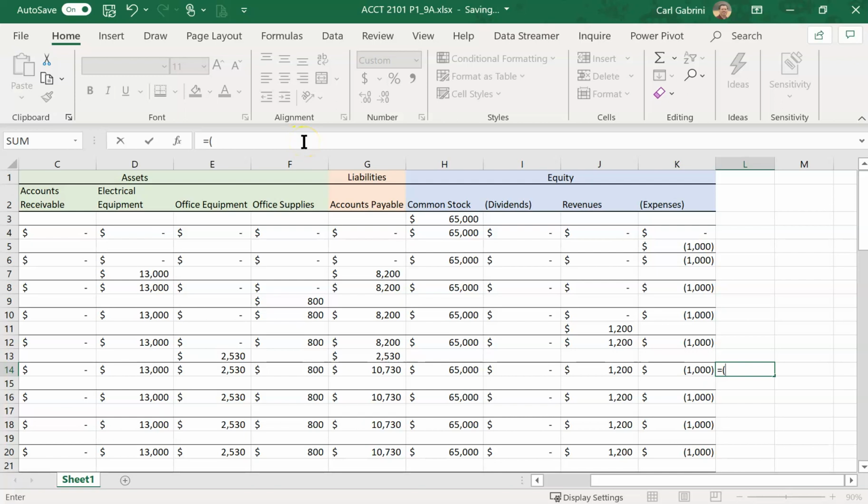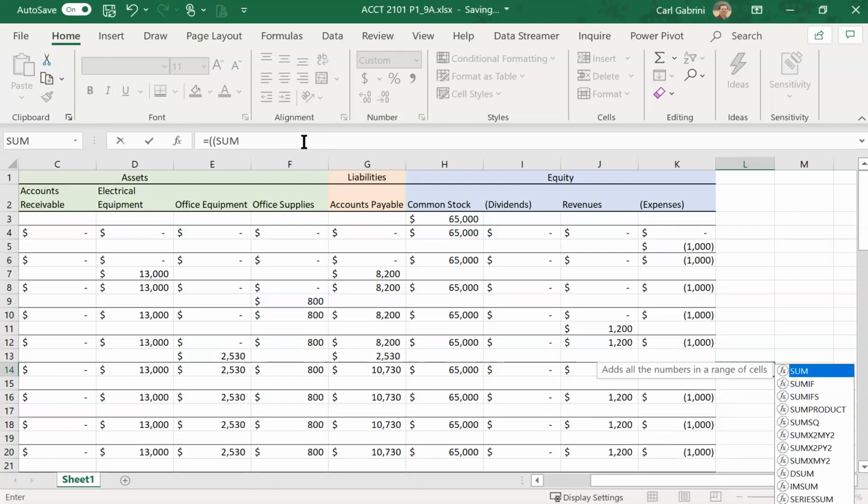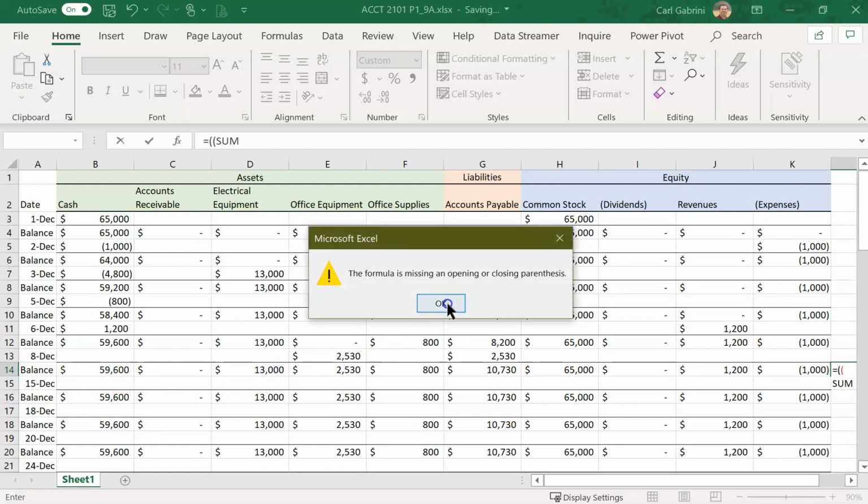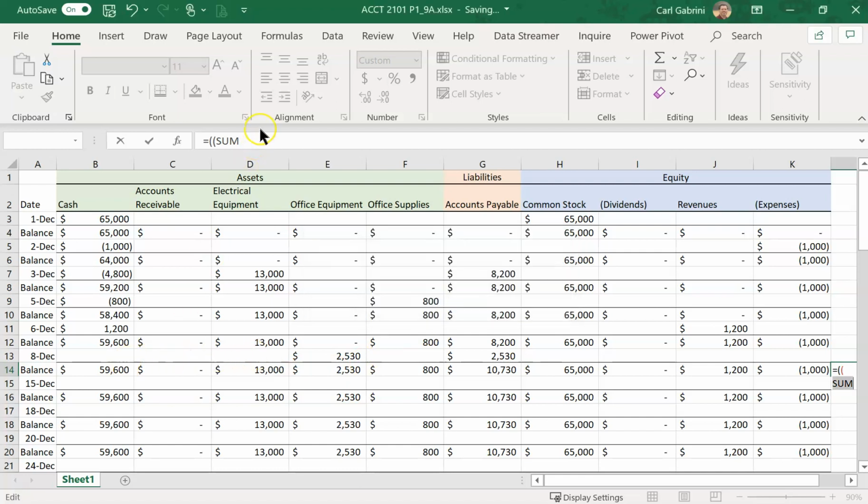We're going to put in sum, and we want to sum all of those, and then minus sum.